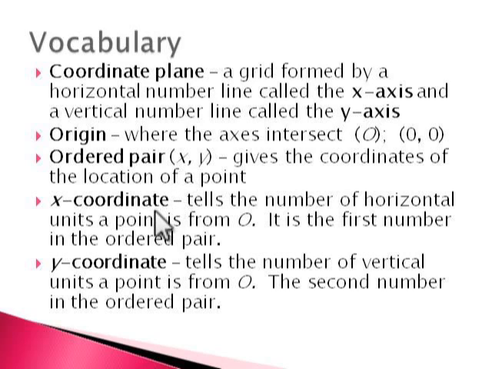The x coordinate, meaning that first number there, will tell the number of horizontal units a point is from the O, the origin. It's the first number in the ordered pair, as I just mentioned. The y coordinate, or the second number in the pair, tells you how many vertical units the point is from 0.